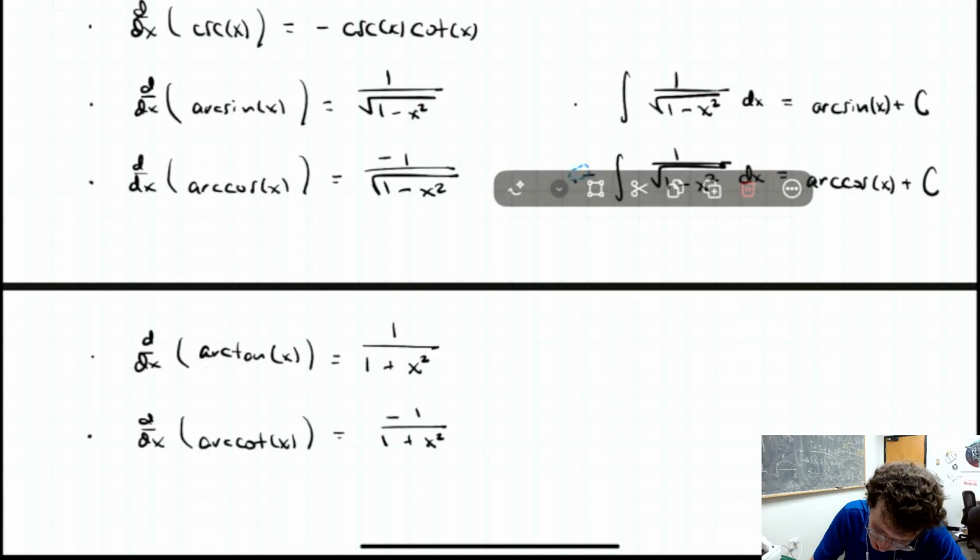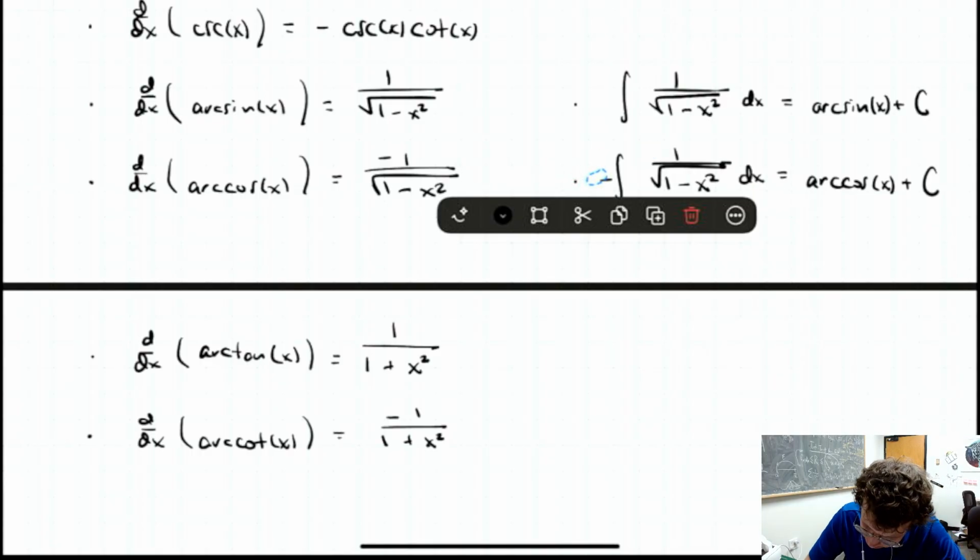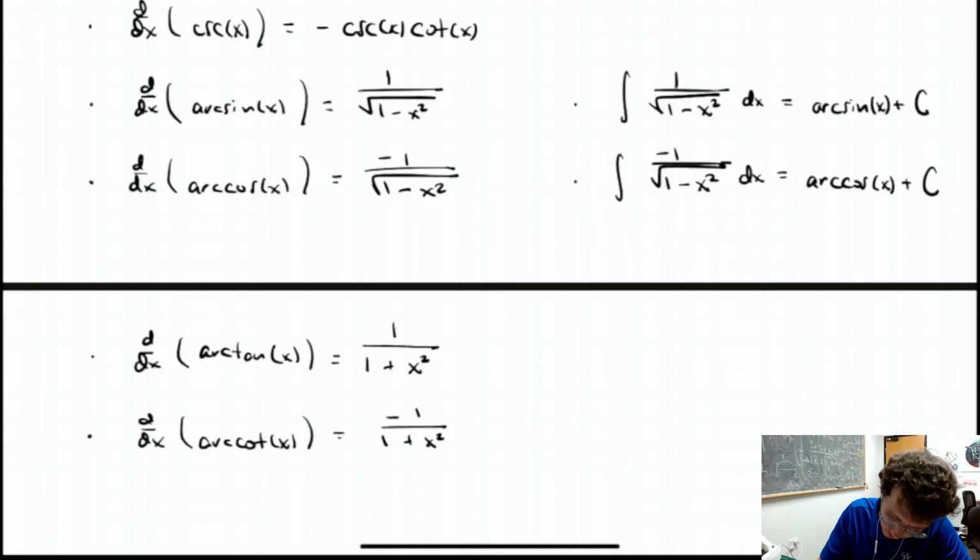Now you might also notice I can just pull the minus sign outside, and that would lead me to minus arcsine of x plus c.